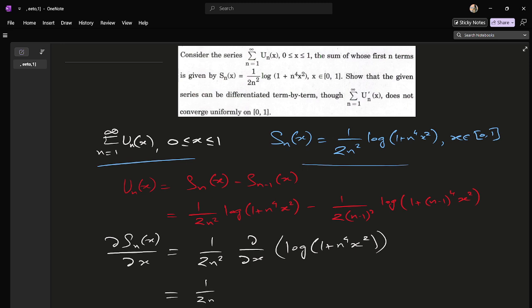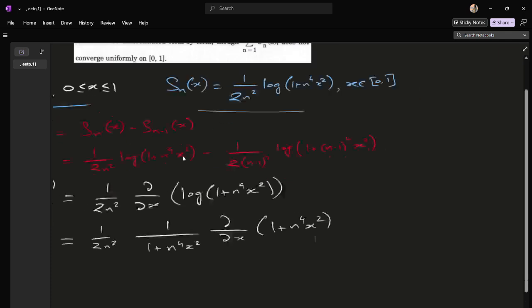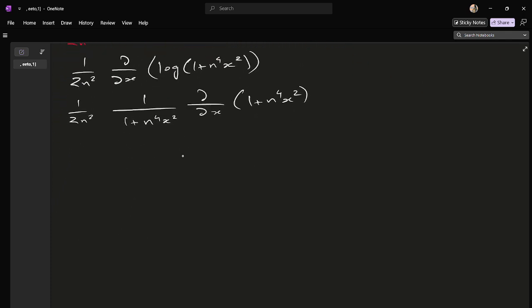We will get this thing. The derivative of log is 1 by the function, and inside, for the sake of the chain rule, we will get this. Now what is the value of that?